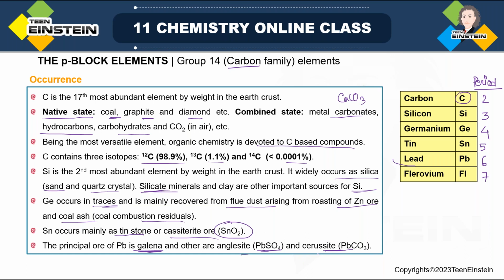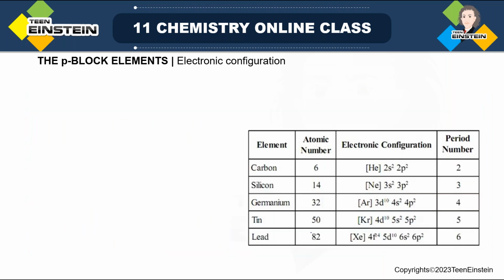Suppose some names are given and it is asked which one among these is an ore of lead, then you can answer this question. Okay. So for tin, it is tin stone or cassiterite, and for lead it is galena, anglesite, and cerussite. Fine. Next we will see the electronic configuration of group 14 elements.